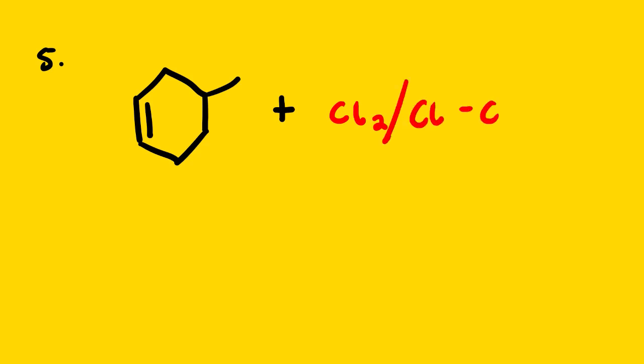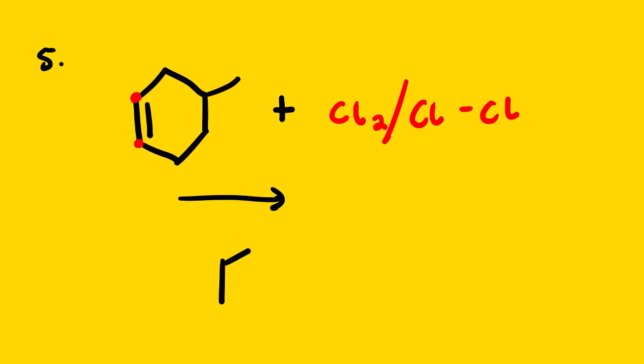Our next question, let us look at, then we put a double bond here. Then we have Cl2, which we can write as Cl. Then the product, we identify, we have this carbon here and this one.